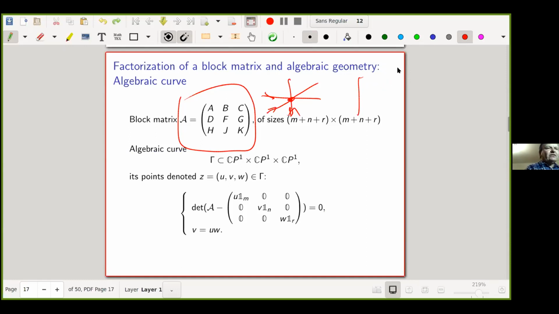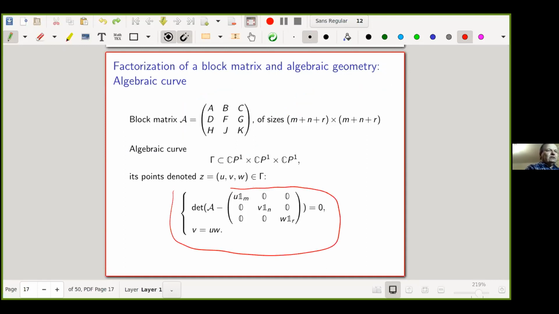Let us consider this factorization, and you have this matrix A beautiful, and you define some algebraic curve corresponding to it, given by this system of two equations.